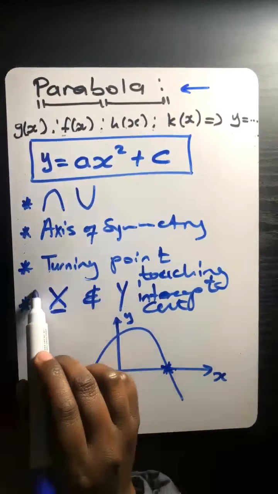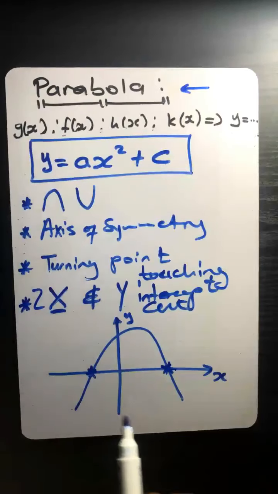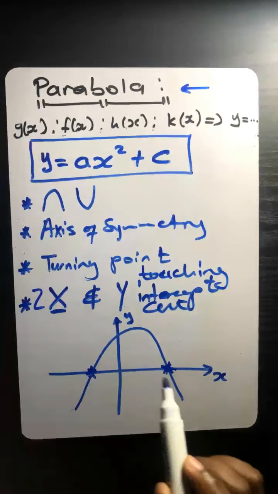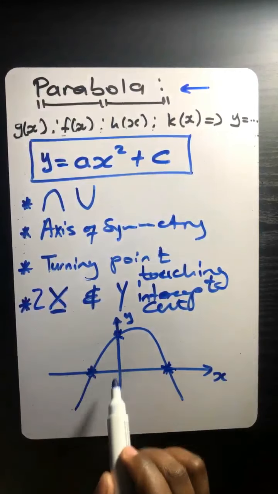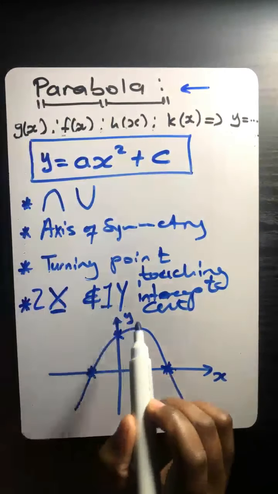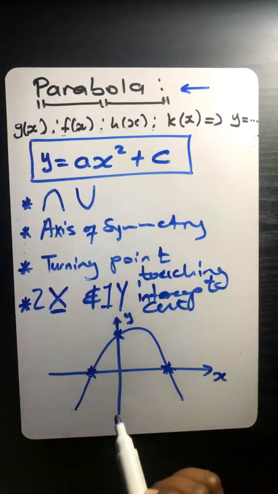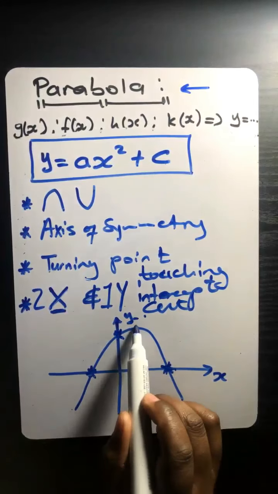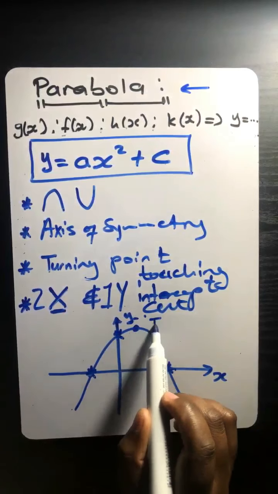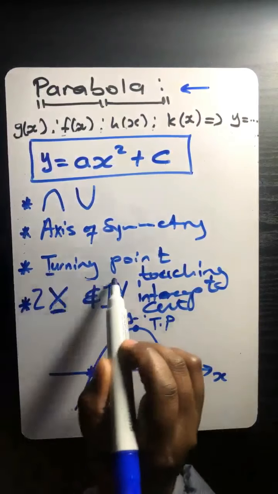So that means it has two x intercepts, and again you can see it touches the y intercept, or the y axis there. And most importantly, this is the turning point, which we call a TP.